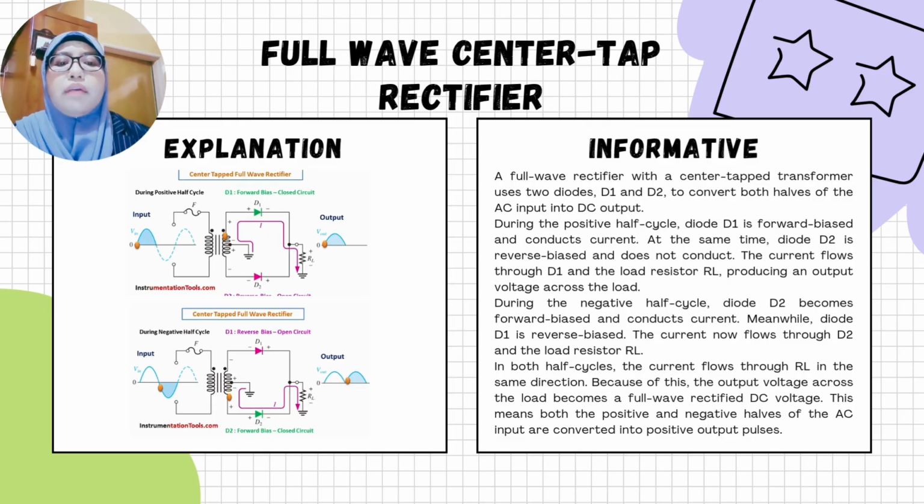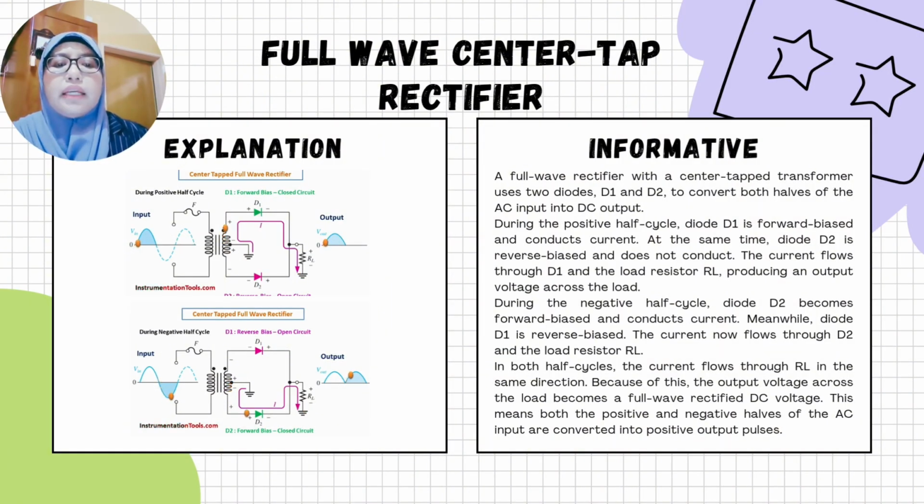During the positive half cycle, diode D1 is forward biased and conducts current. At the same time, diode D2 is reverse biased and does not conduct. The current flows through D1 and the load resistor RL, producing an output voltage across the load.